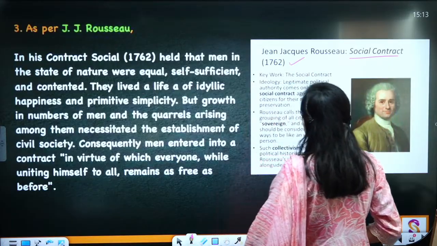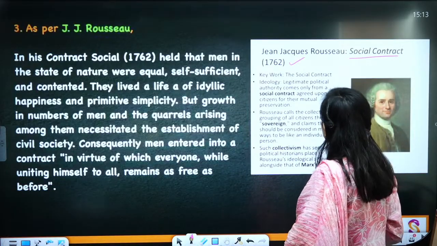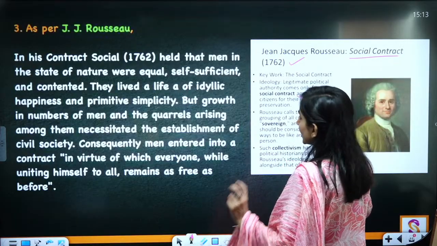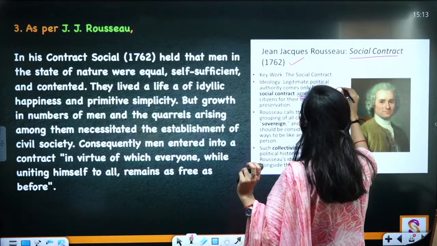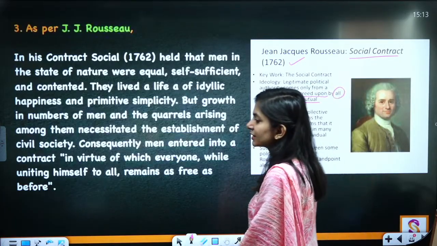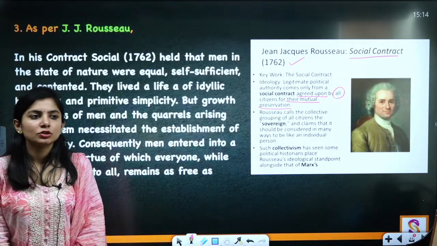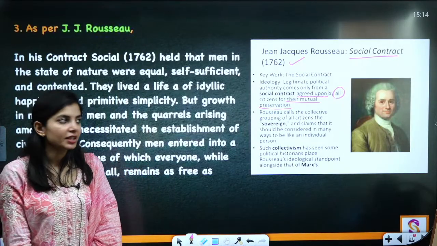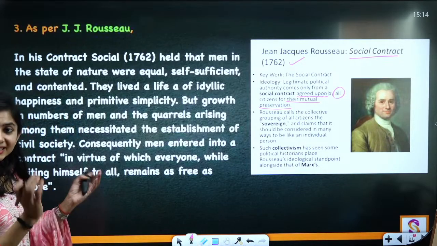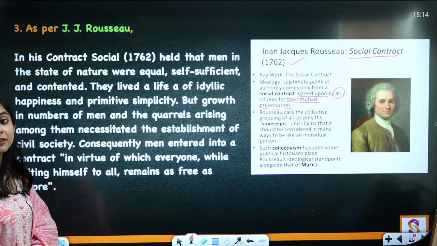His ideology was based upon the idea that the social contract is something agreed upon by all the citizens for what? For their mutual preservation. These citizens want their mutual preservation, and for that they all started setting up the concept of society, and this concept of society results in the formation of the state.